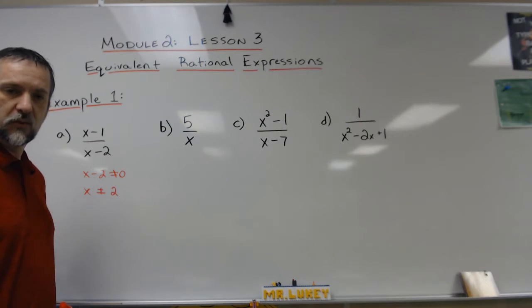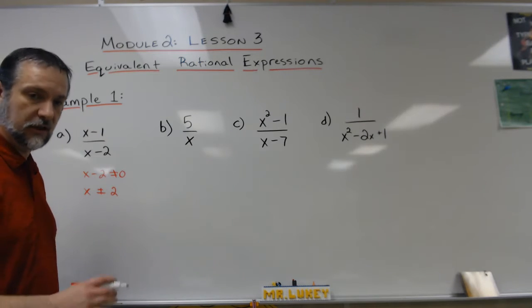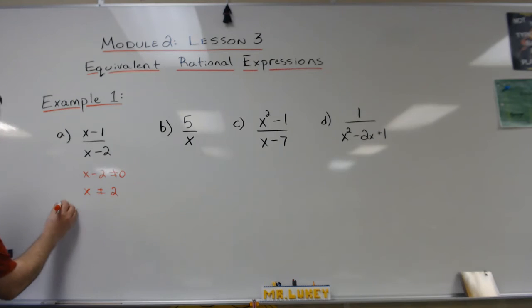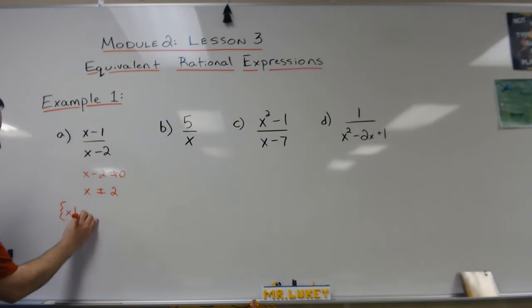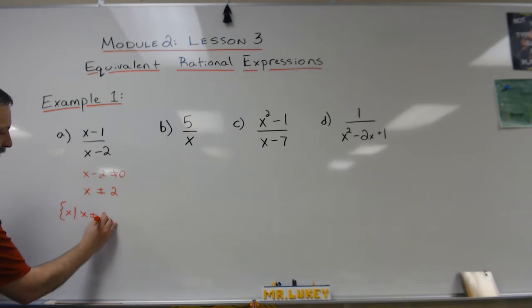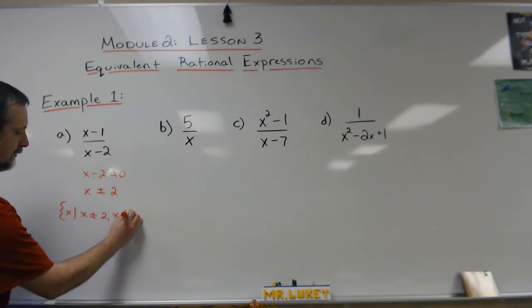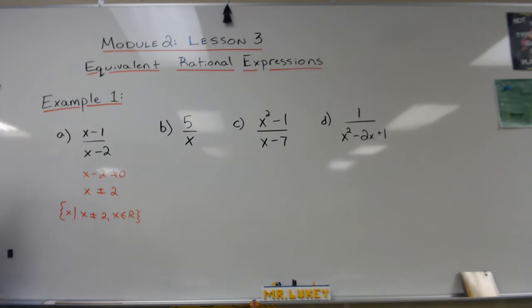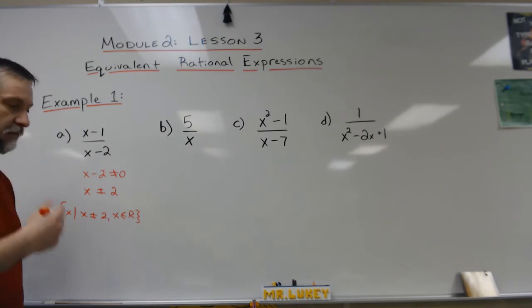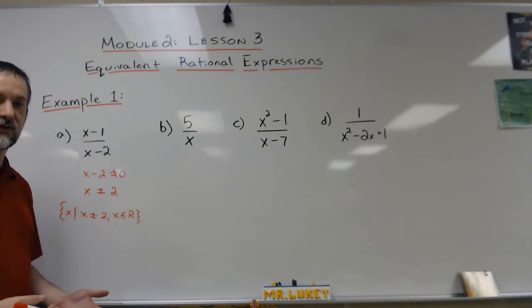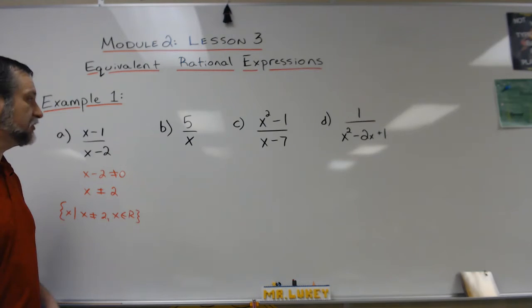Then all we have to do is write this in set notation. It cleans up very nicely for this. We're looking at the set of numbers x such that x is not equal to 2, and x is an element of all real numbers. And that is that. Very straightforward.